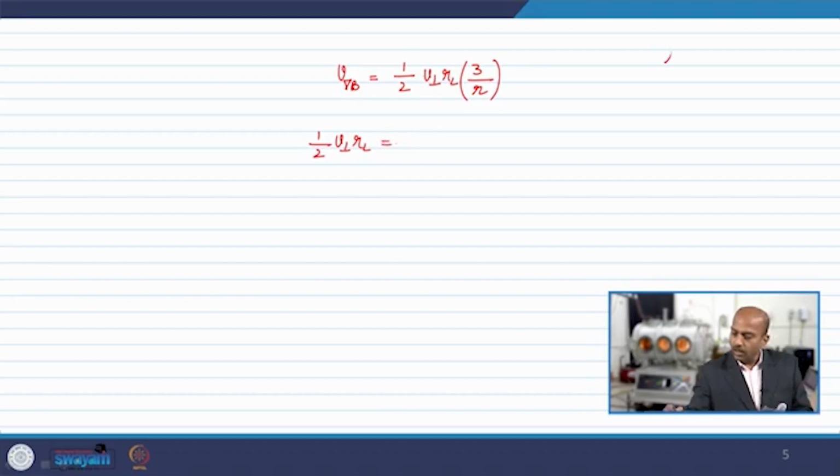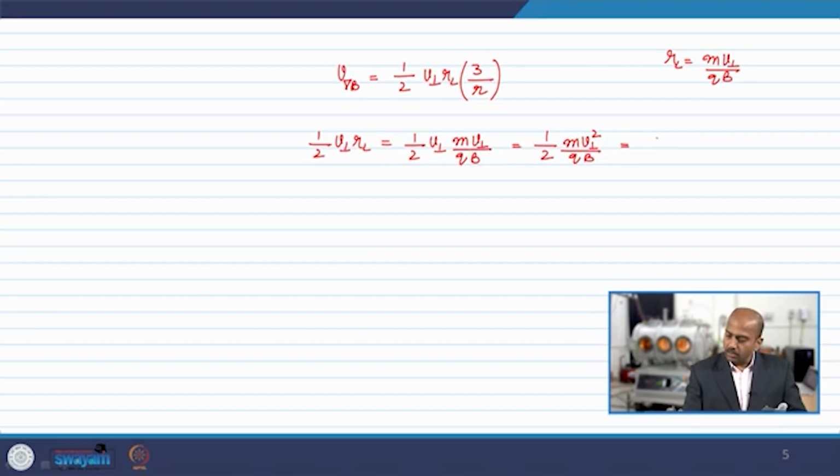So RL is mV perpendicular by QB, right? Half V perpendicular times mV perpendicular by QB, which is half mV perpendicular square by QB.